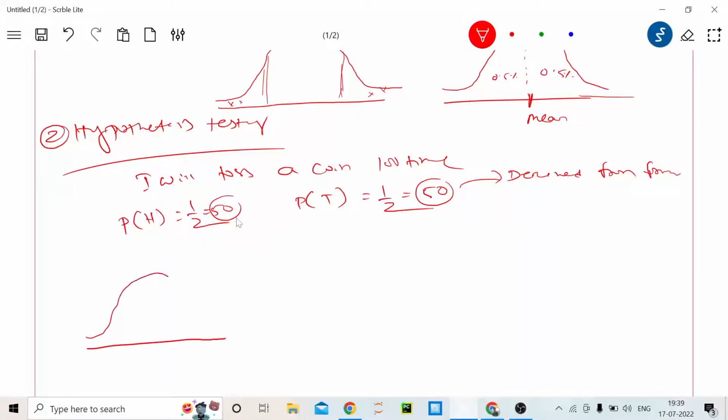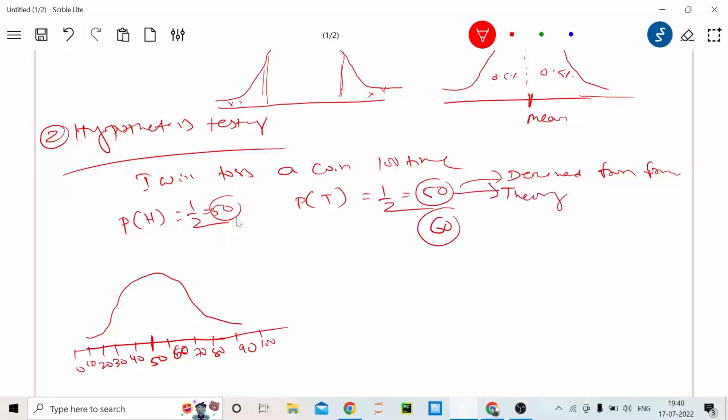Let's say this is my distribution and this is my mean value, 50. Let's say this is 55, 60, 70, 80, 90, and 100, and on this side 40, 30, 20, 10, or 0. As per the experiment, let's say we get a value like 60. From the theory or formula, we derive that 50 heads will come.